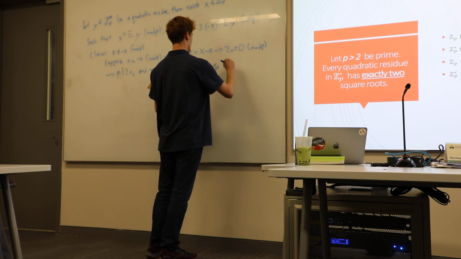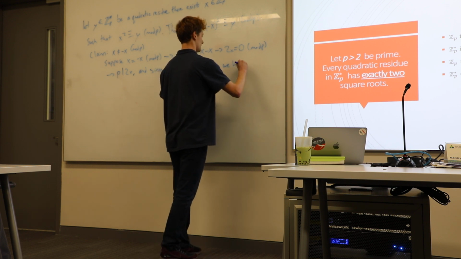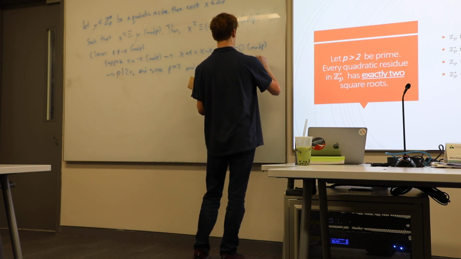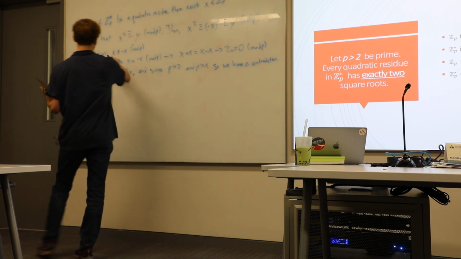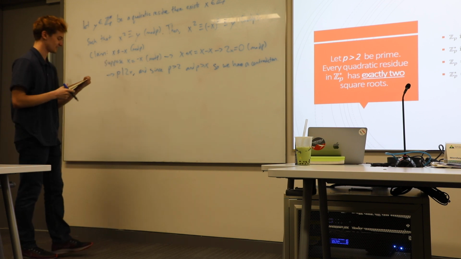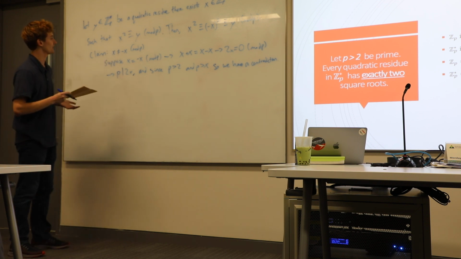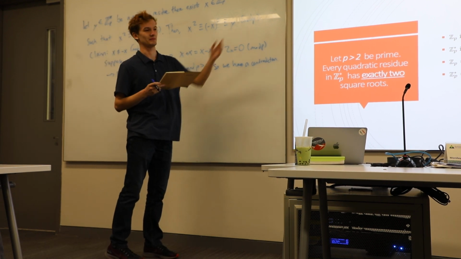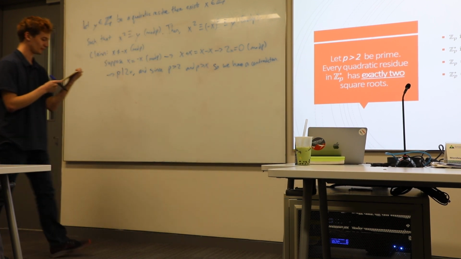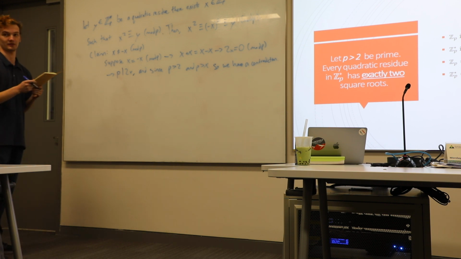We have a contradiction, which means that x is not equal to negative x, and both x squared and negative x squared are congruent to y mod p. So we have found our 2 square roots.